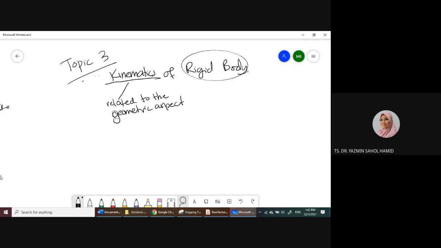Which is S, V, A, and T. Yes. Okay, now, do you know what is the difference between particle and rigid body? What's the difference?